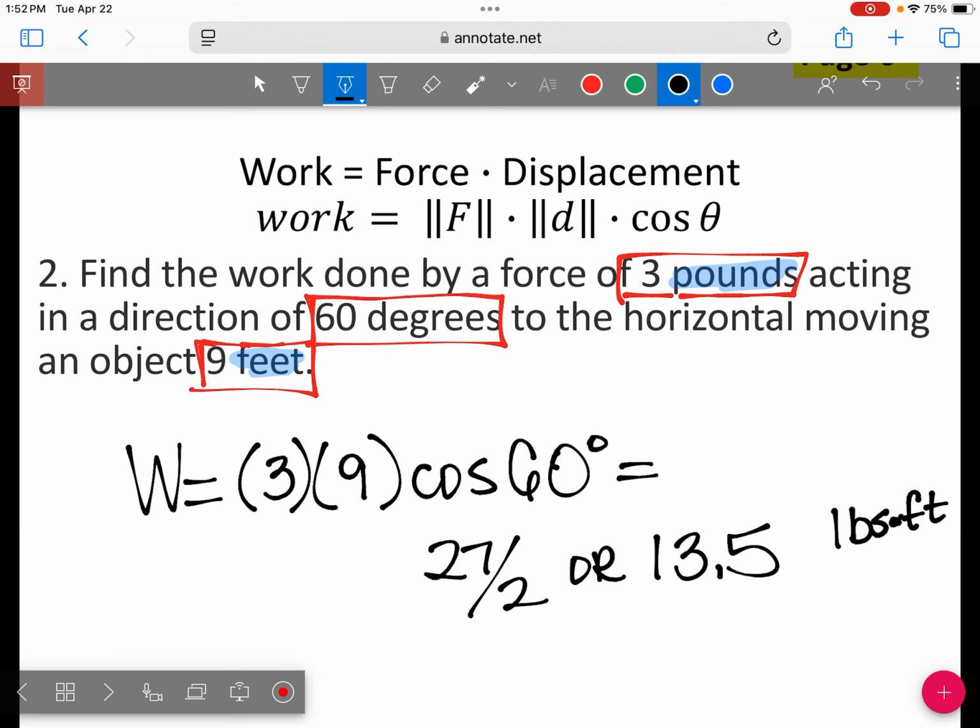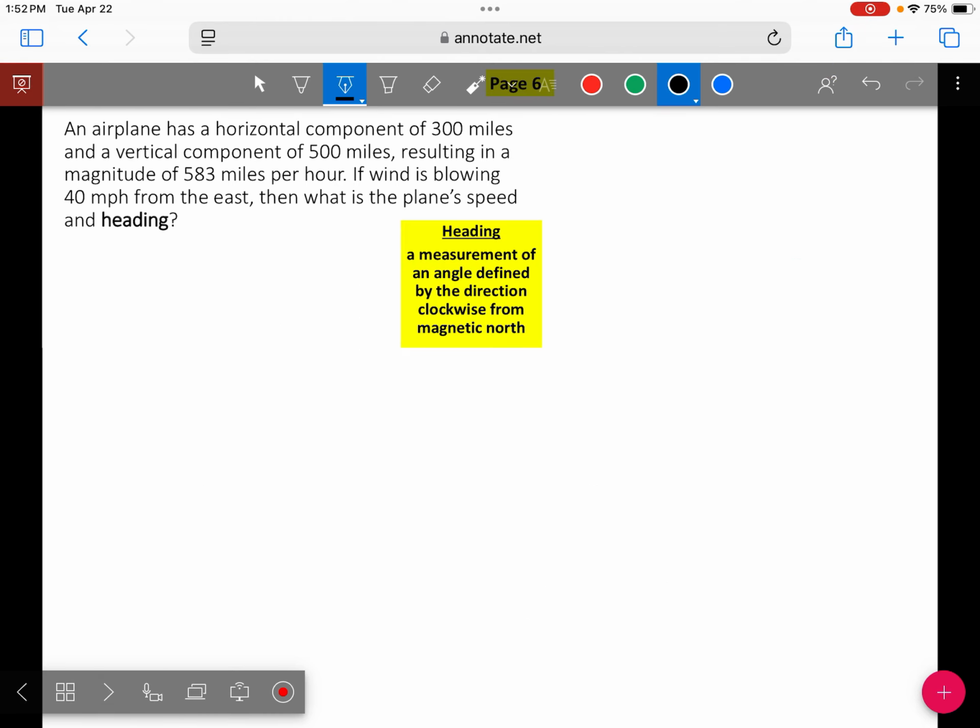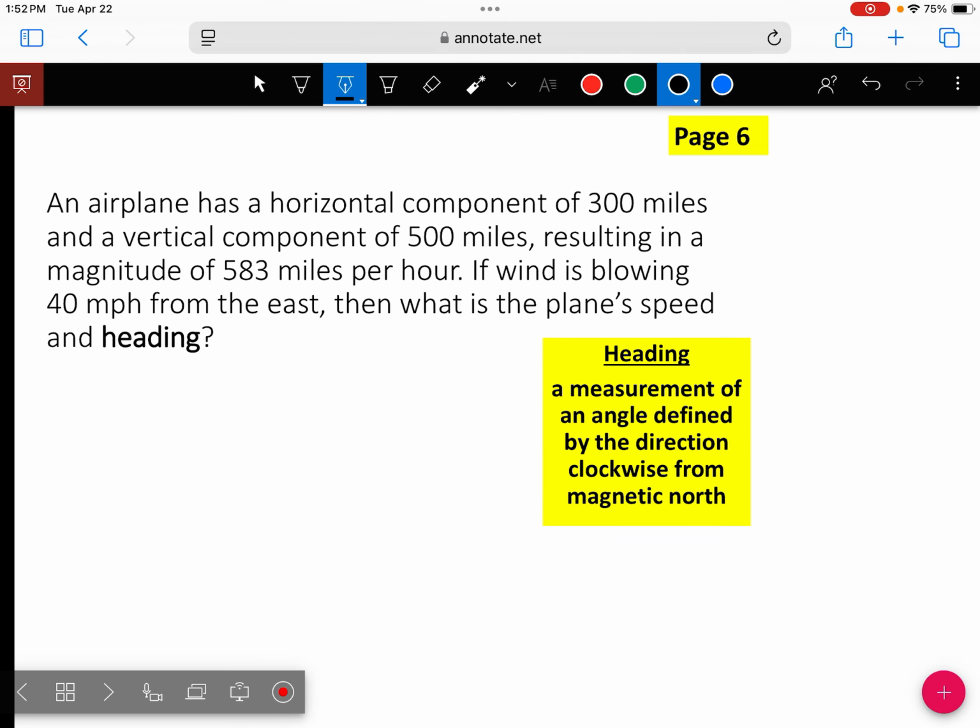All right, now we're going to get to the nitty gritty. Numbers 3 and 4. So number 3, we have an airplane that has a horizontal component of 300 and 500. So I'm going to stop right there. So they gave me the component, so I don't need to find it. They told me the horizontal is 300.